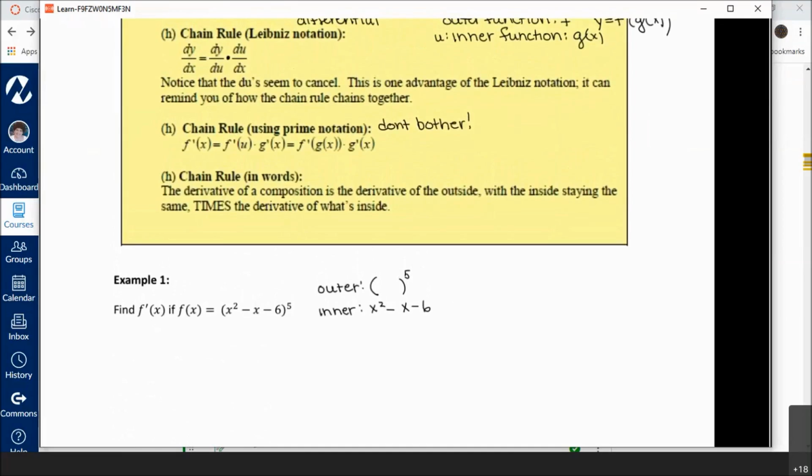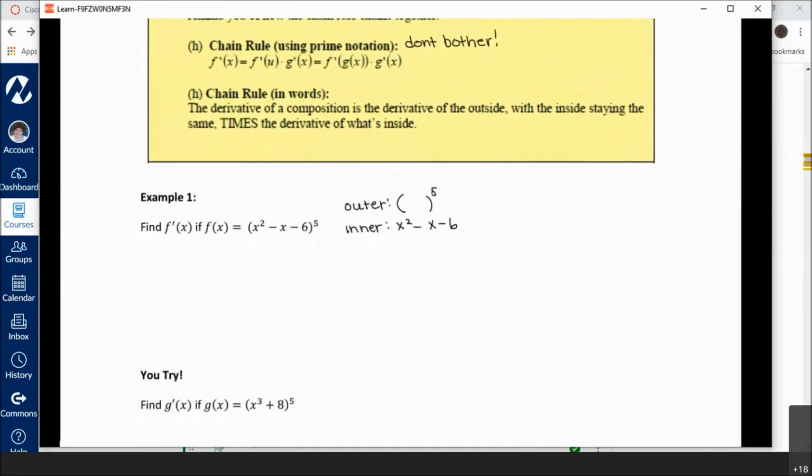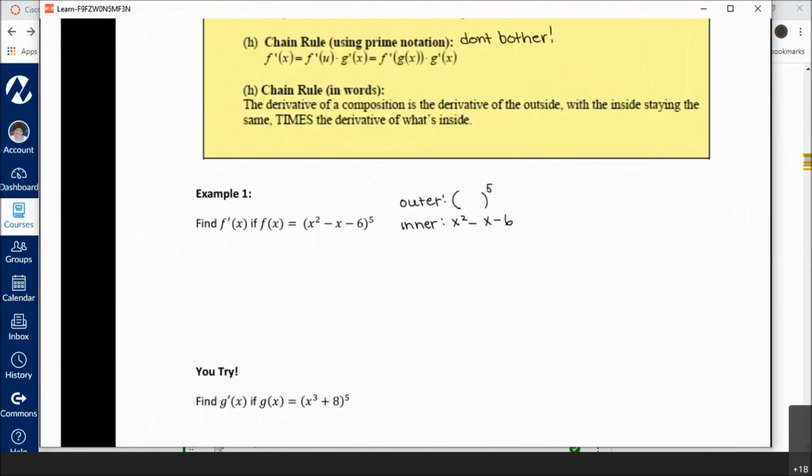So if I want to use the chain rule, the first thing I do is differentiate my outer function. My outer function is something to the fifth, so I can use the power rule on that. I'm going to bring down the 5, here's my parentheses, and drop the exponent by 1.